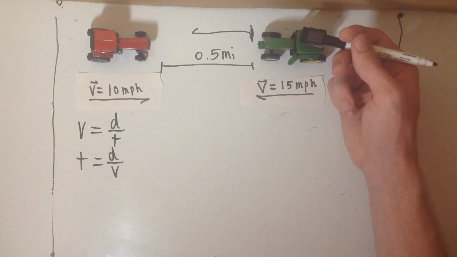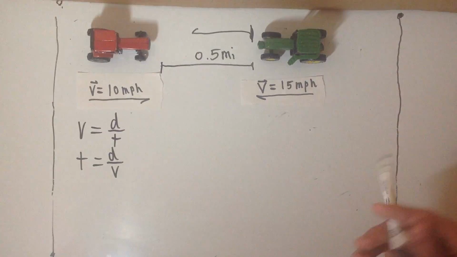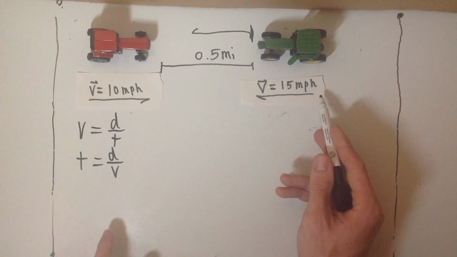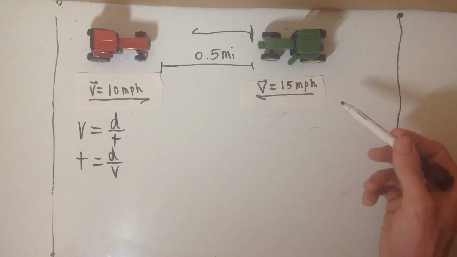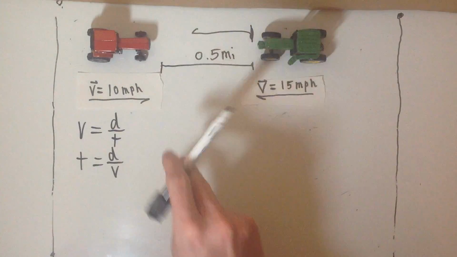Once again, let's look at it as if we are in the green tractor and the red tractor is going towards us. Now intuitively, you can see that the 15 miles per hour are going in one direction, the 10 miles an hour are going in the opposite direction.